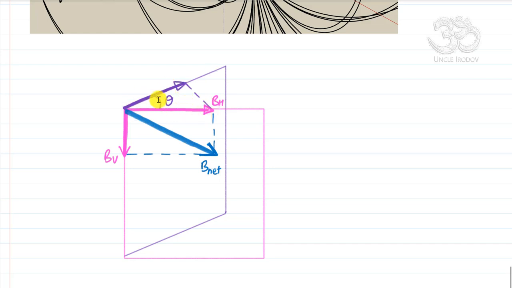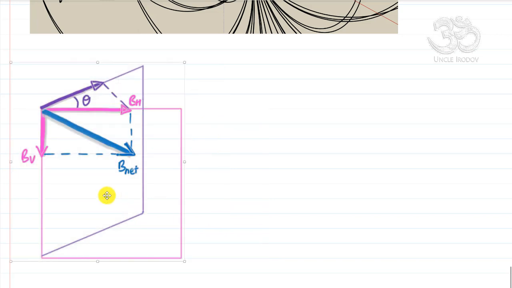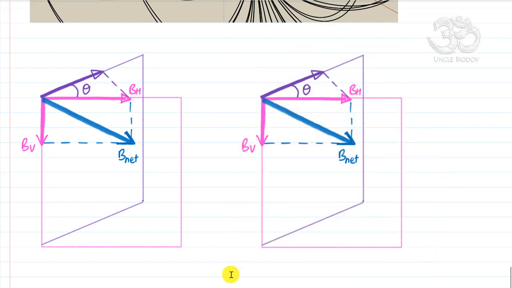And then if I just focus on what is happening in that plane, let me just copy this figure, paste it, and focus on what is happening in that plane. Let me erase these unnecessary things here. Yeah, so these are gone. And now what that person will see is this.